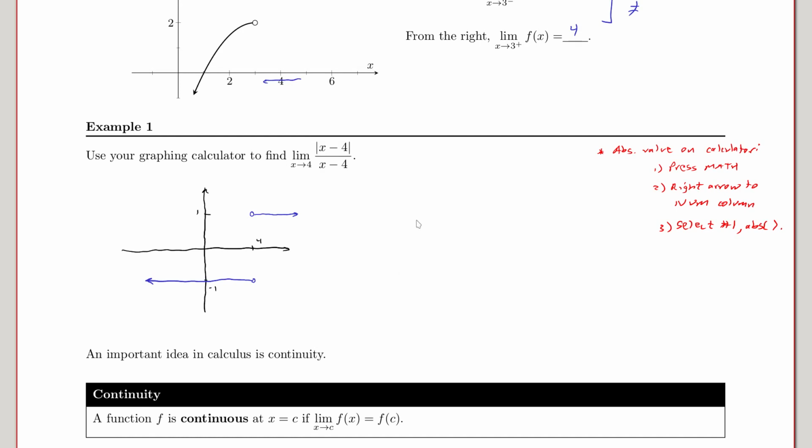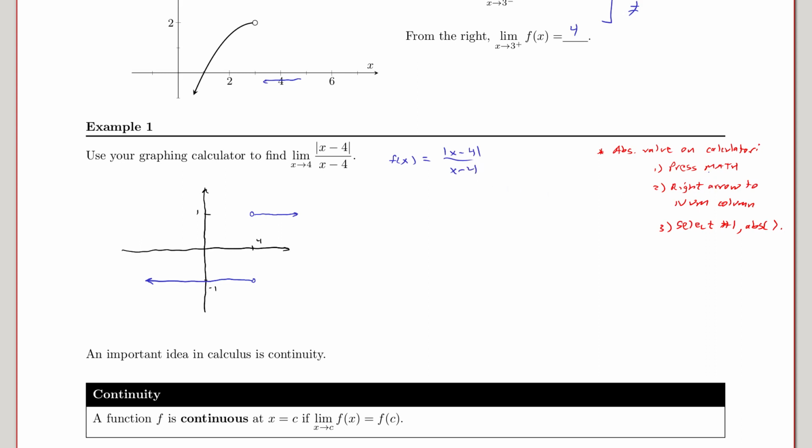Certainly you don't need the absolute value if you wanted to find the absolute value of -5 or something. But if you wanted to graph a function like f of x equals the absolute value of x minus 4 over x minus 4, you have to know where it is on your calculator.